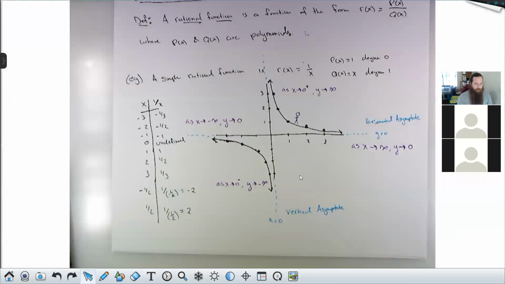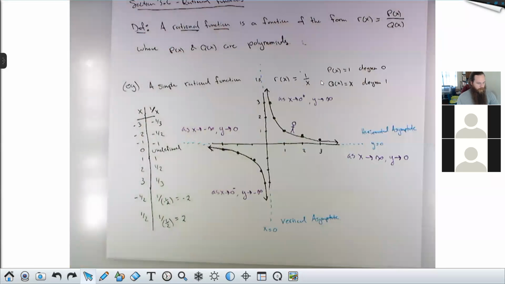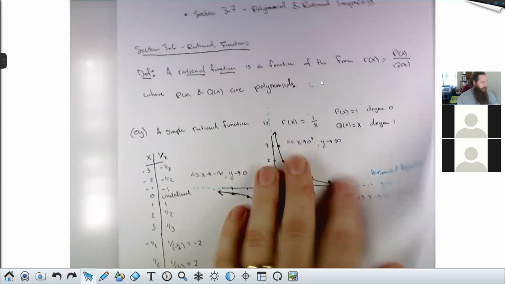So those are called asymptotes, and asymptotes are a feature of many rational functions. Let me describe to you the notation, that arrow or goes to notation.